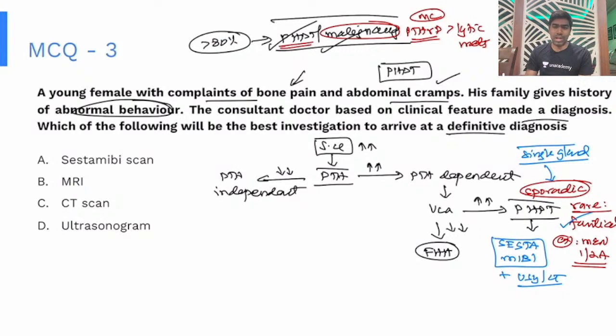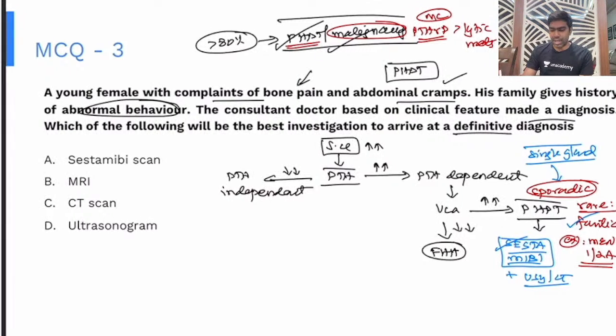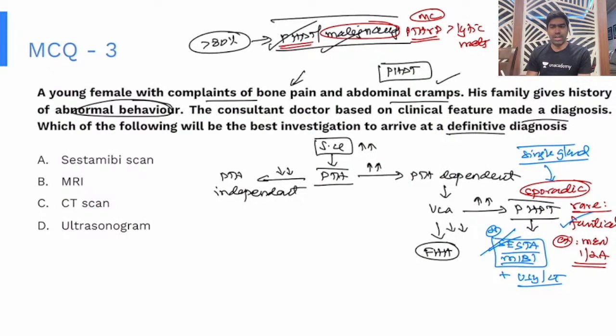Any one has to be done along with Sestamibi. There are a lot of reasons for that. I cannot discuss that right now, but Sestamibi scan alone is not enough, and in exams it's a very, very important question. It is important to localize in which gland the abnormality is, so based on that we can proceed towards surgery if we want.